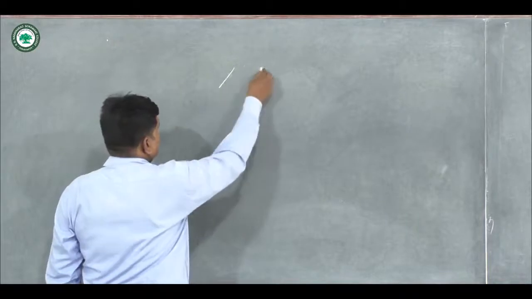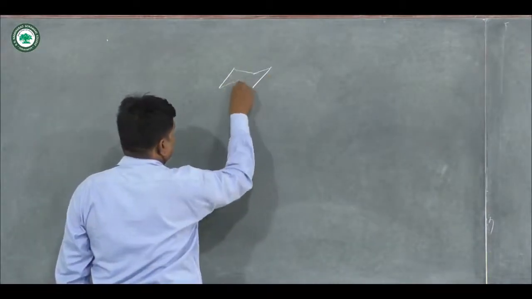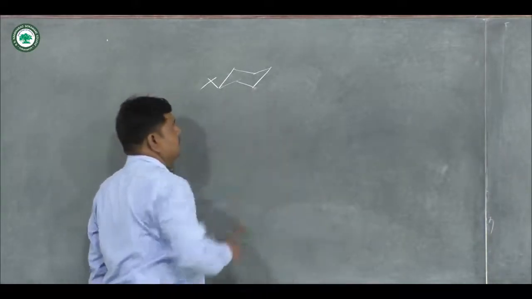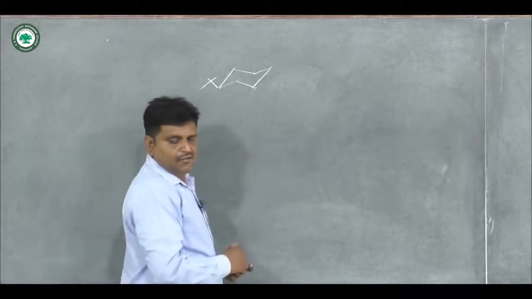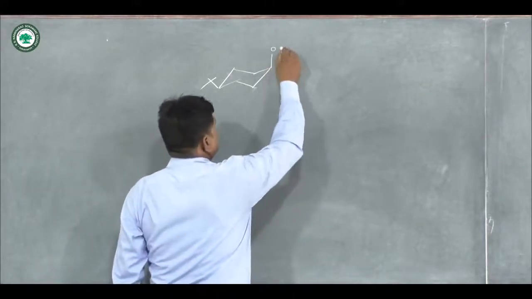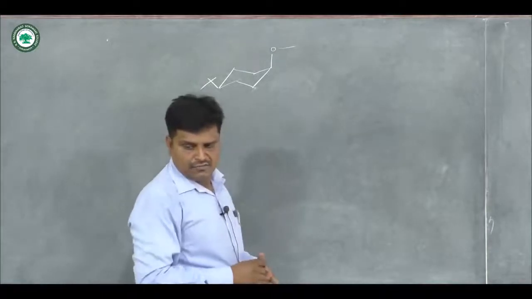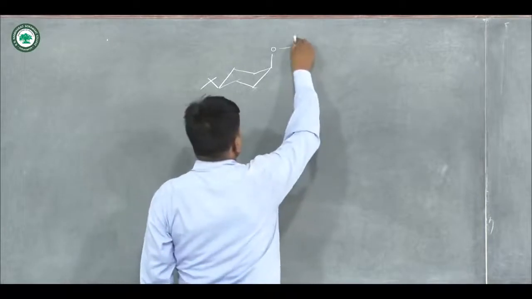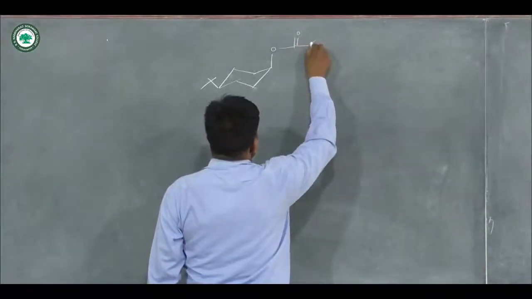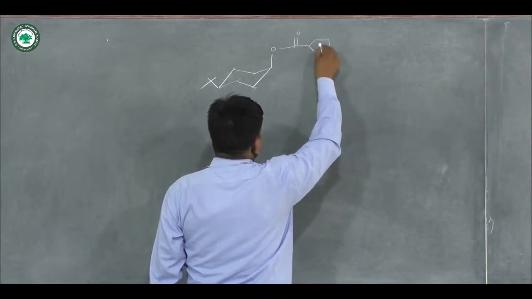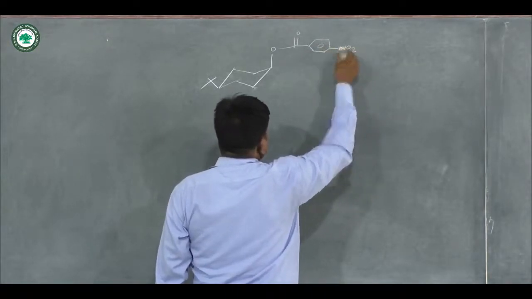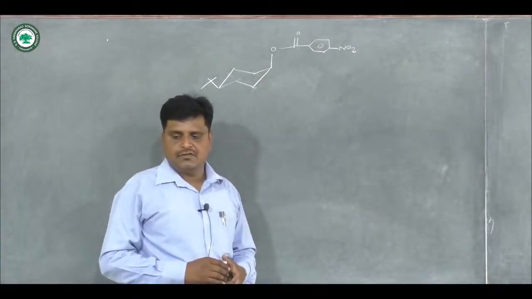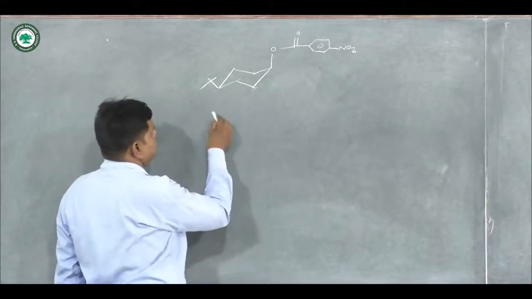So here we try to write its structure, and the substituents are written like this. Suppose this is oxygen and another substituent is carbonyl, and suppose this is a phenyl ring with NO2, and another substituent is here.